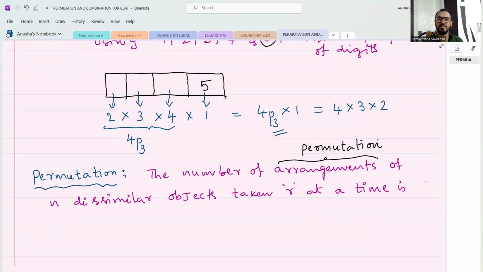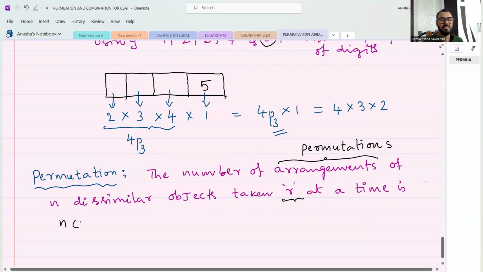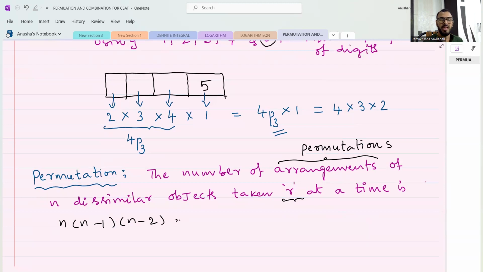The number of permutations of n dissimilar objects taken r at a time is: you start with n and decrease 1 by 1. n into n minus 1 into n minus 2 and so on up to n minus of r minus 1.